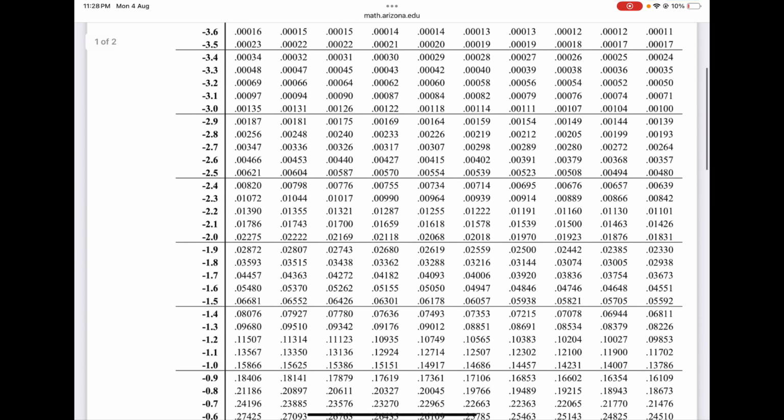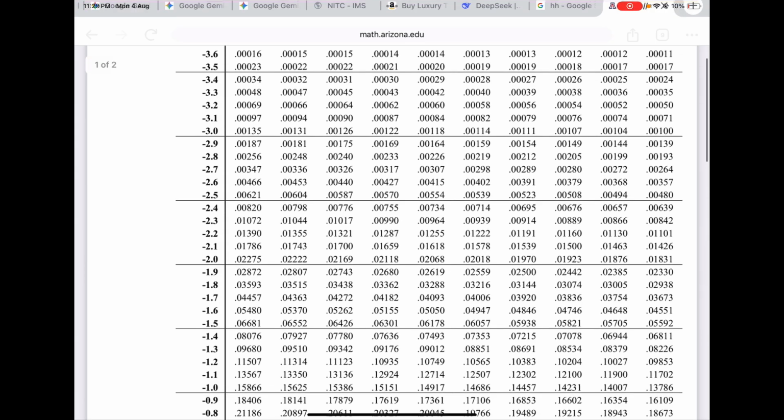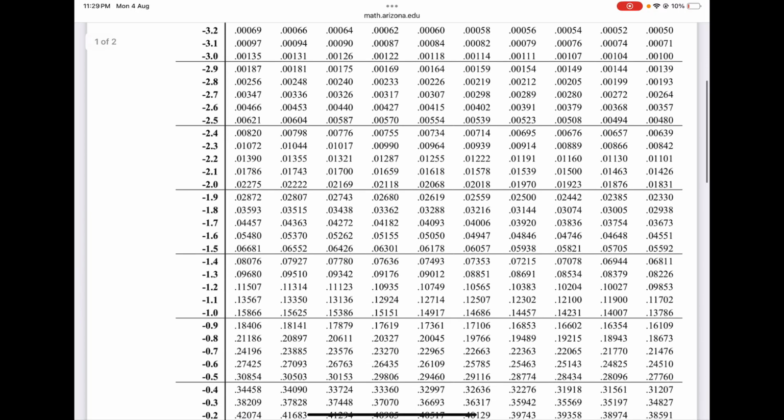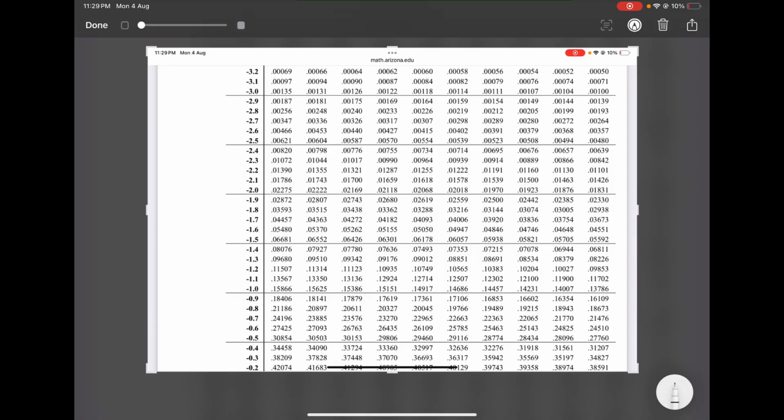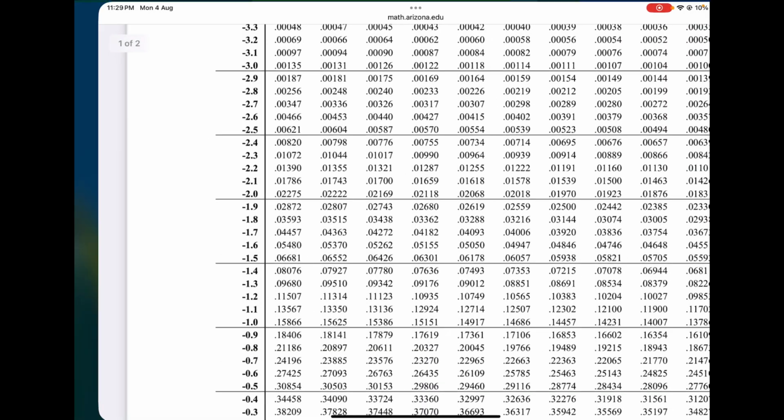It corresponds to minus 1.64. It is here. So Z is minus 1.645 and also the positive value is 1.645. So Z lies between minus 1.645 and 1.645.